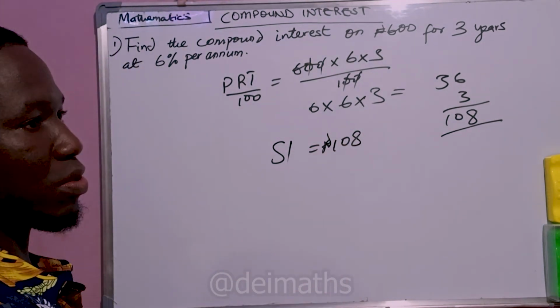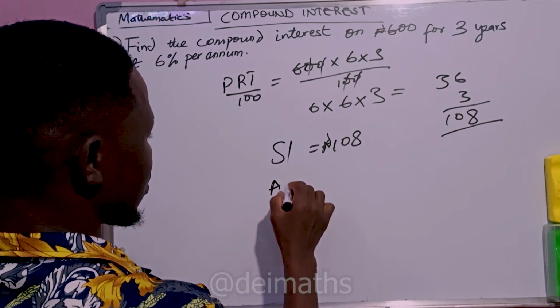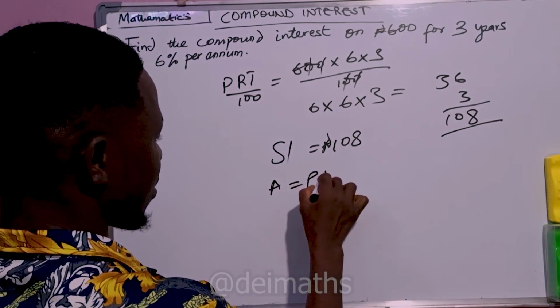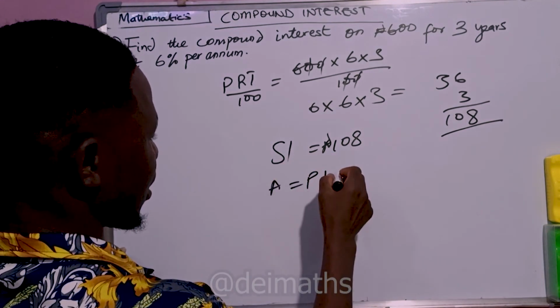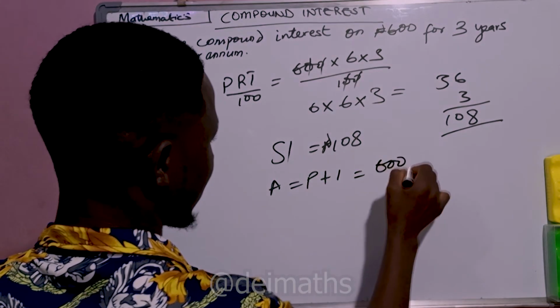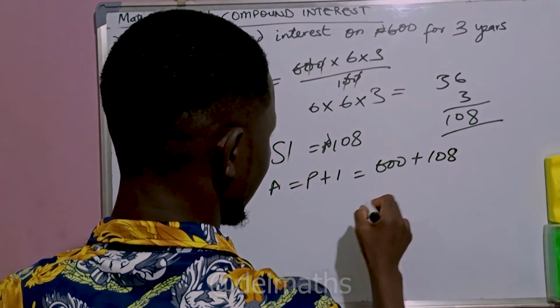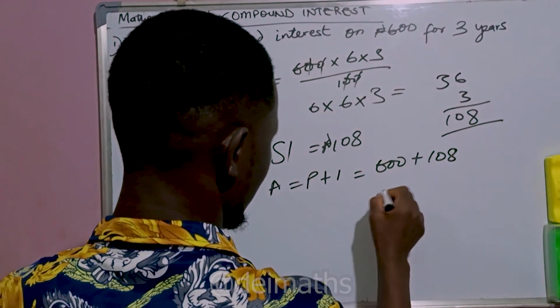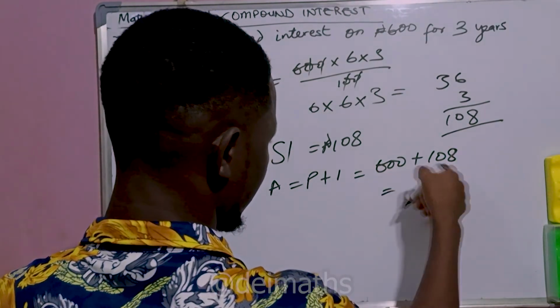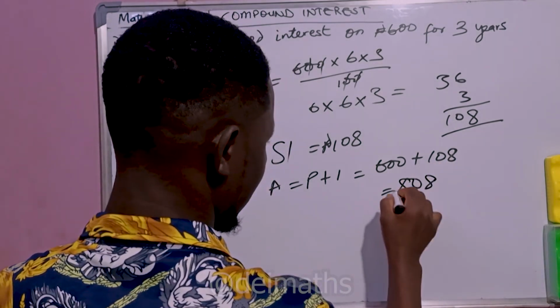And my amount in those 3 years will be principal plus the interest, which is equal to 600 naira plus 108, which is equal to 808 naira.